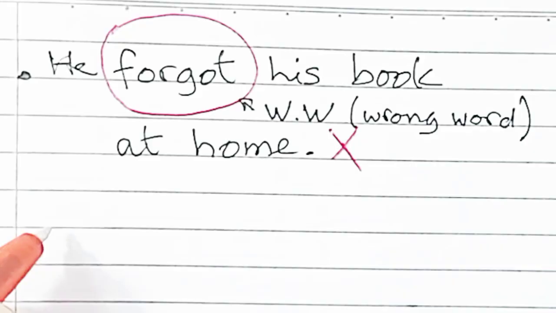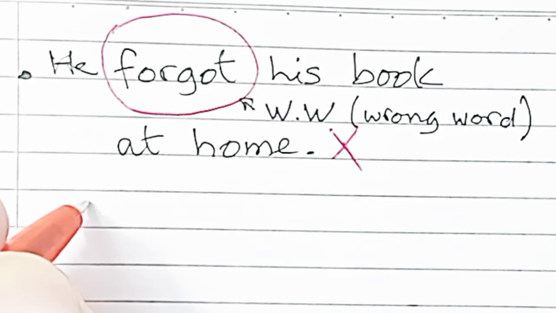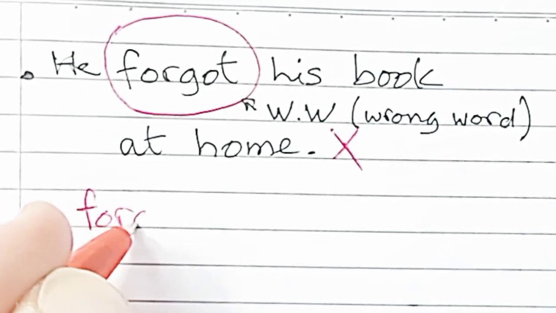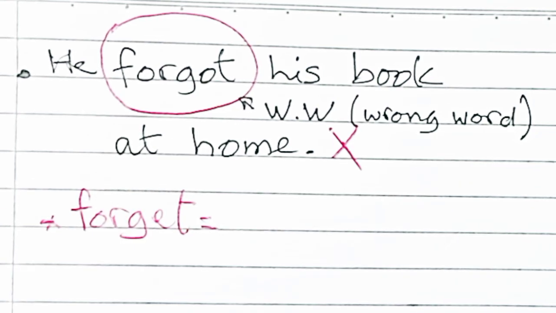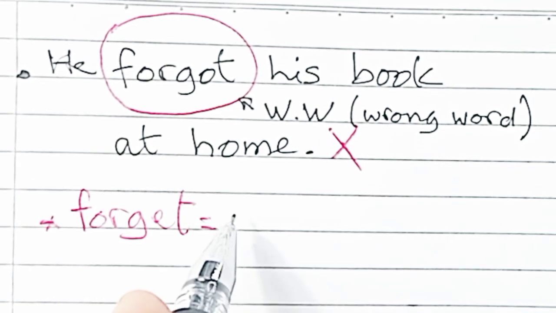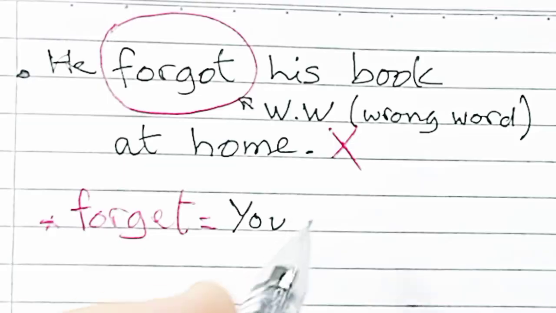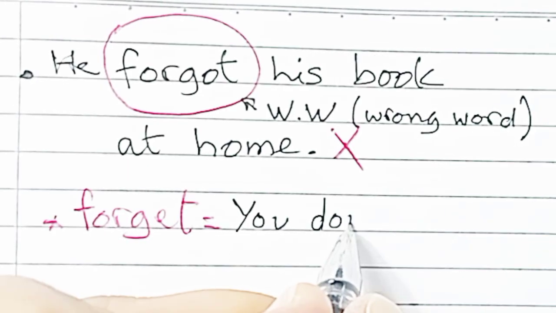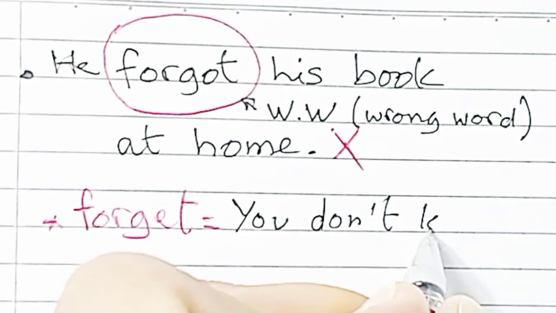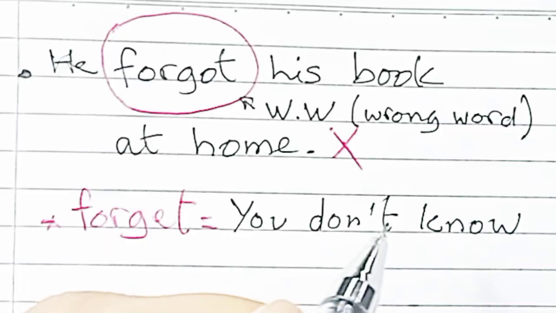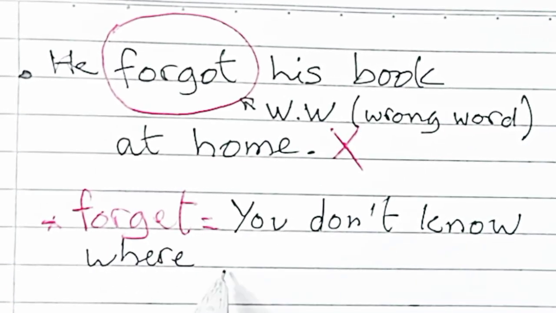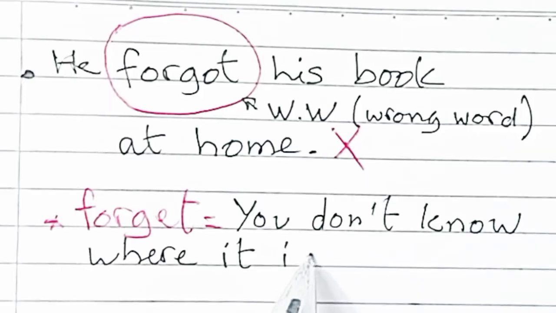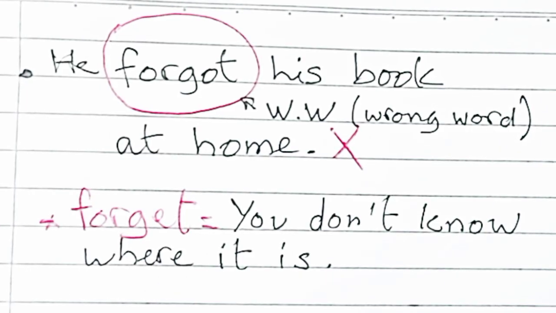Let's break it down. We have two words. The first one is forget, to forget, which is a verb. Forgetting means you don't remember or you don't know where you put something, where that thing is.